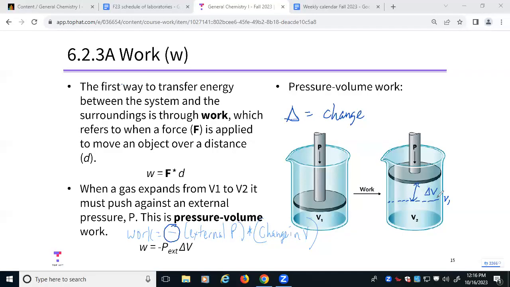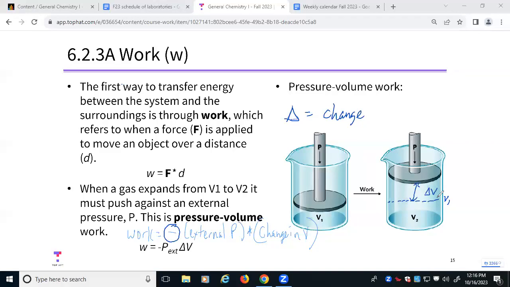But in terms of work, positive work doesn't make a whole lot of sense if the whole thing is expanding. I don't push on something and have it get smaller as a result. I push on something and it gets bigger. So the system had to have pushed this piston up, which means that the system had to have done work in this scenario.